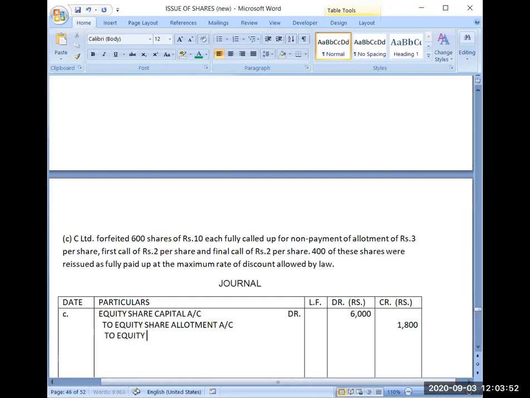To equity share first call account, it is rupees 2 per share, that's why it will become 1,200. To equity share final call account, 1,200.